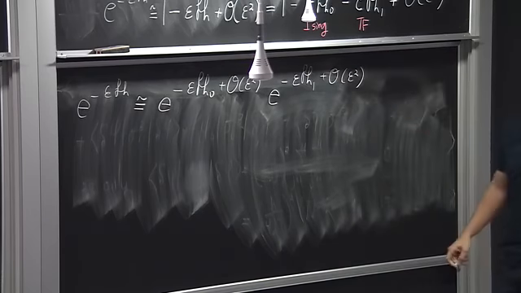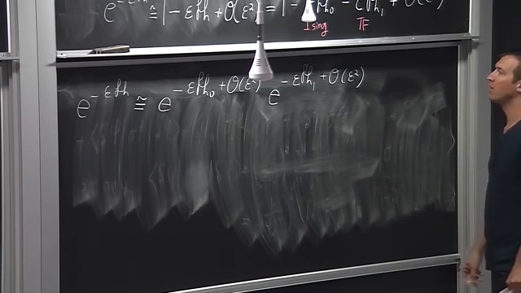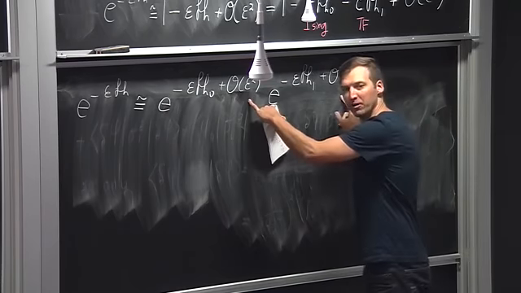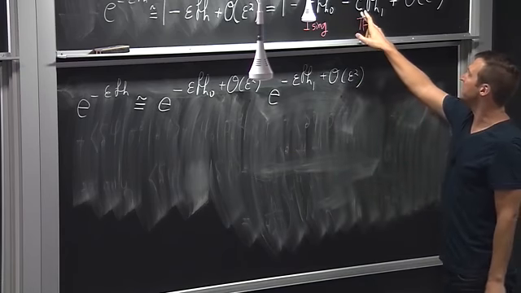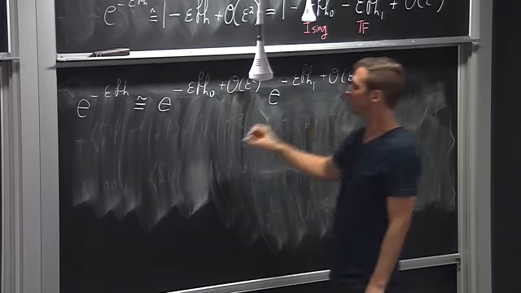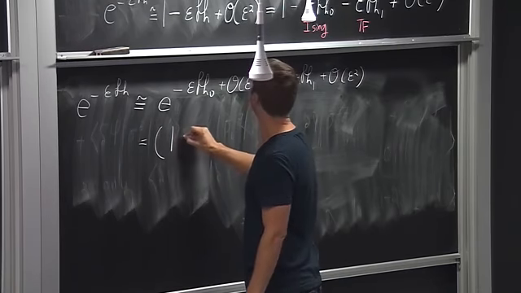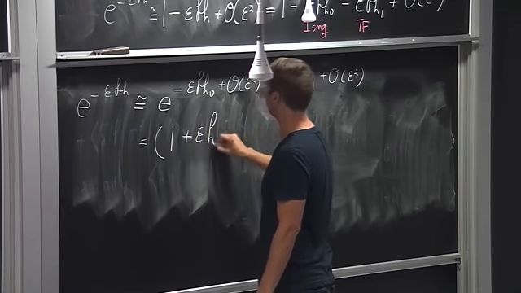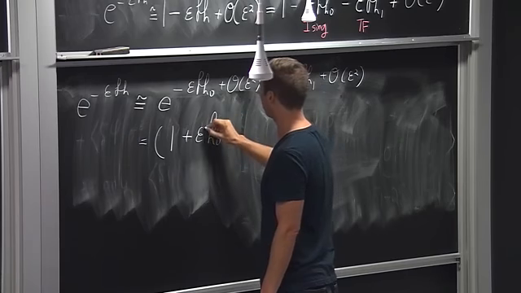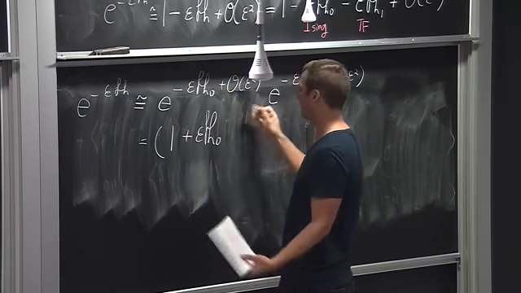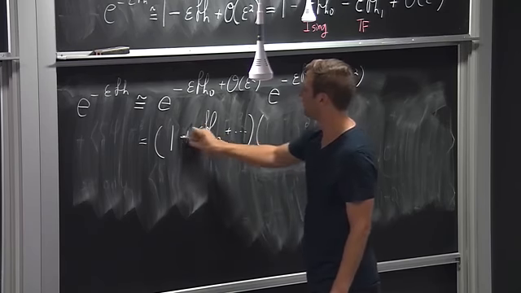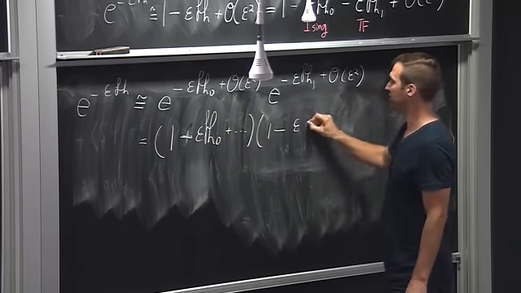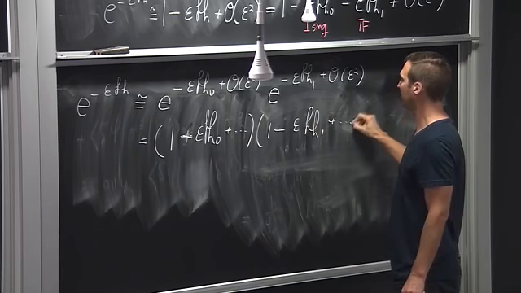So why can you do that? Well, you can only do it up to an error, number one, which is epsilon squared. But what this is, right, you have 1 minus epsilon h naught, times 1 minus epsilon h1.